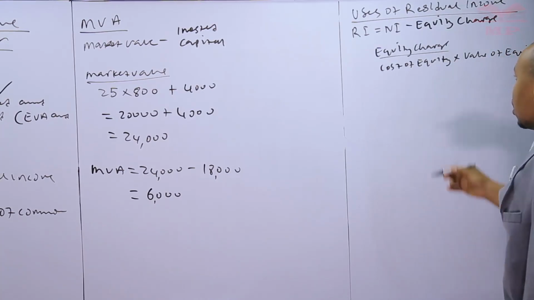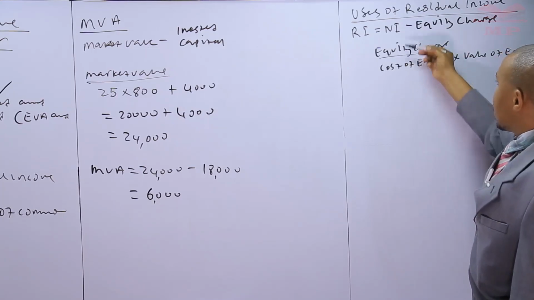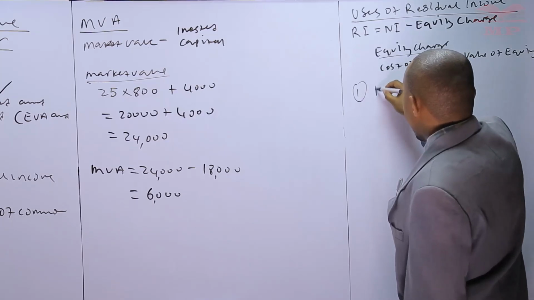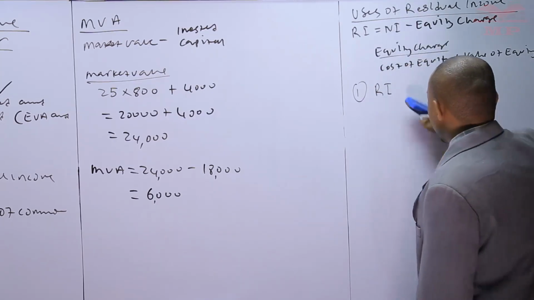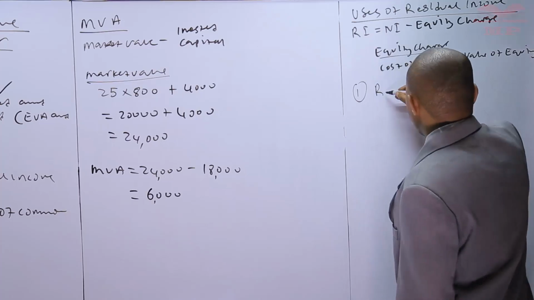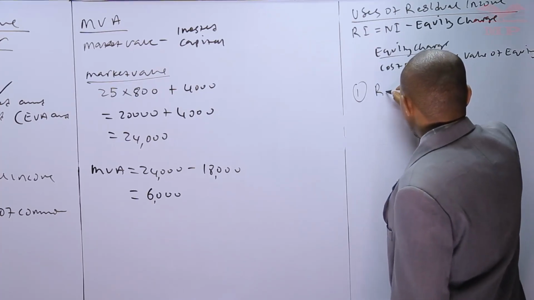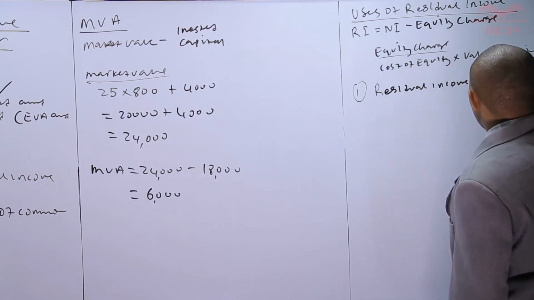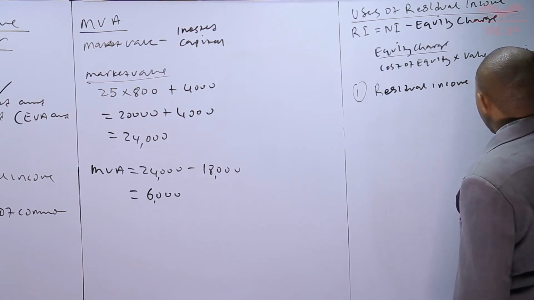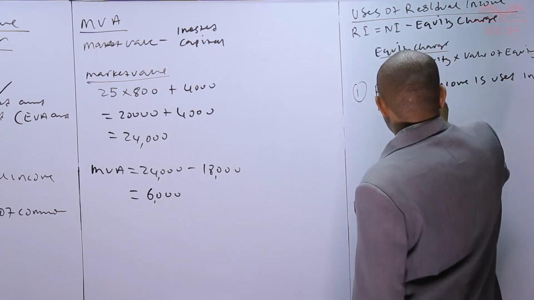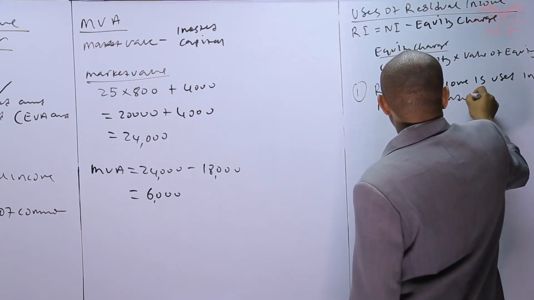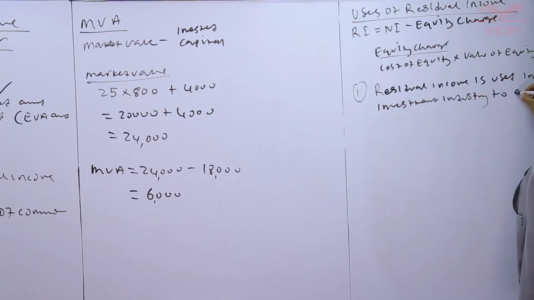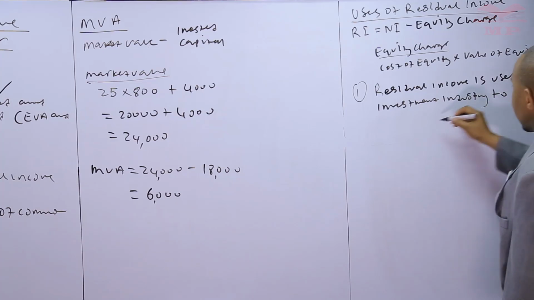Trying to relate this with the uses of residual income, the first use is that residual income is used in the investment industry to evaluate executive compensation.